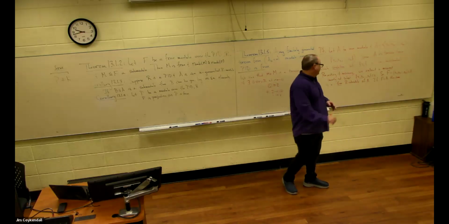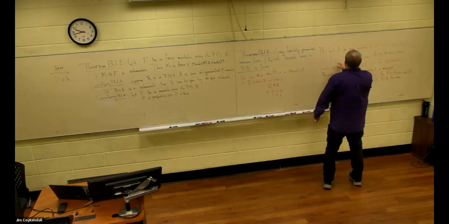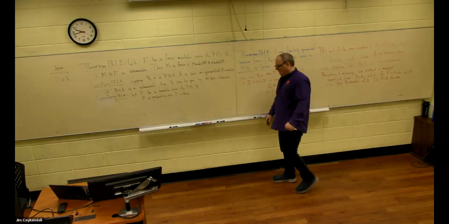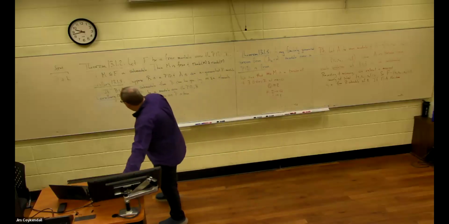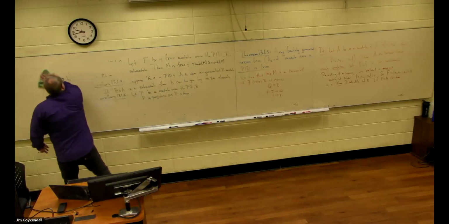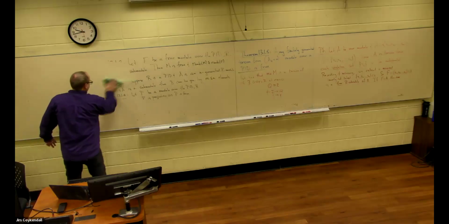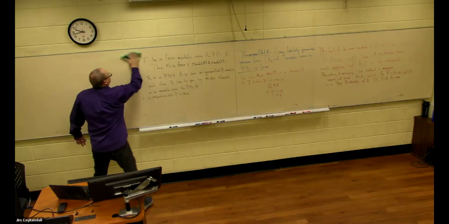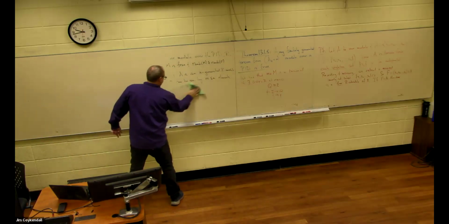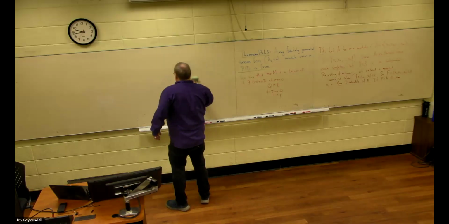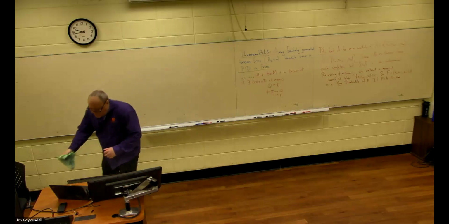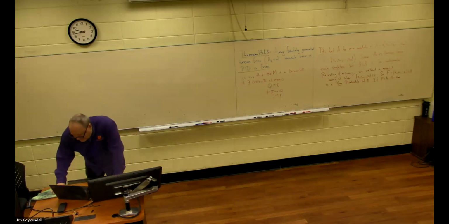For example, if the entire set x1 up to xn is linearly independent, then A is all of F, and we're finished. What if not?